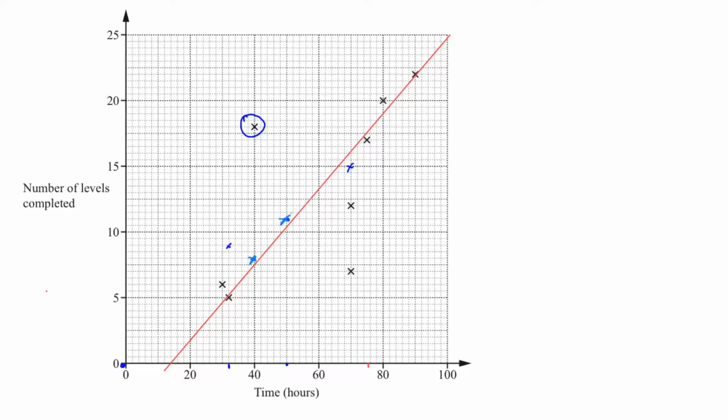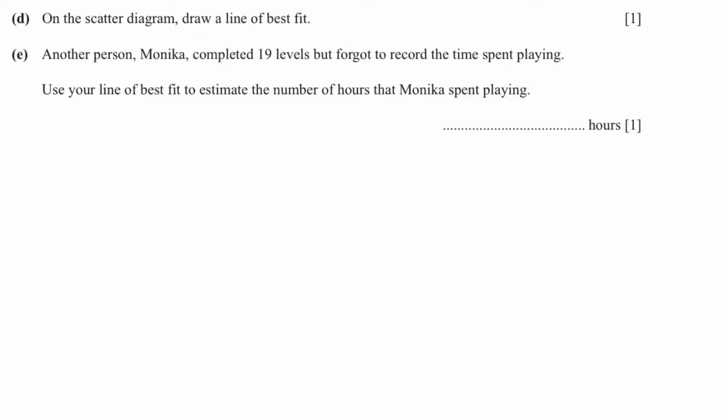The levels are 19, so 19 is going to be here. Go straight and find your x value. It is 80. Therefore, your answer is, from the line of best fit, 80 hours. If you have the answer between 17.6 to 80, in between this range, it will be accepted.